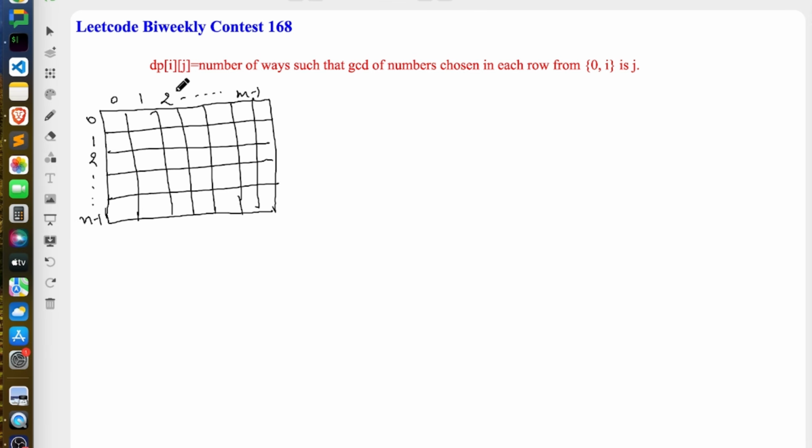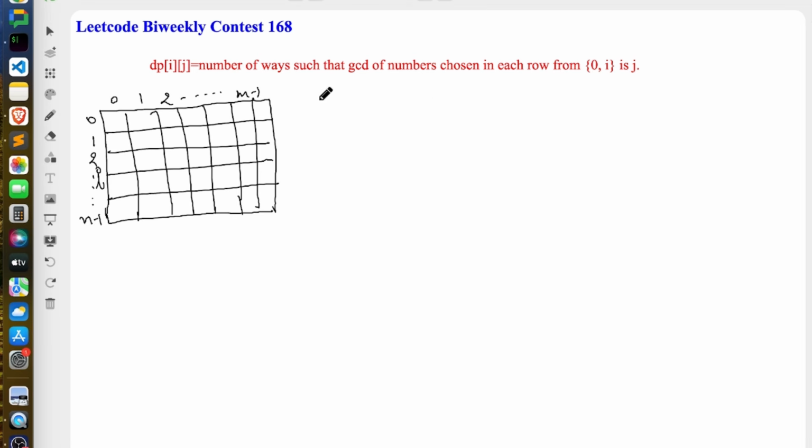This fourth problem can be solved using dynamic programming. So we will use a 2D DP, where DP of i,j tells you the number of ways such that the GCD of numbers chosen in each of the rows from 0 to i is exactly equal to j. In simple terms, let's say I am at any particular row i.